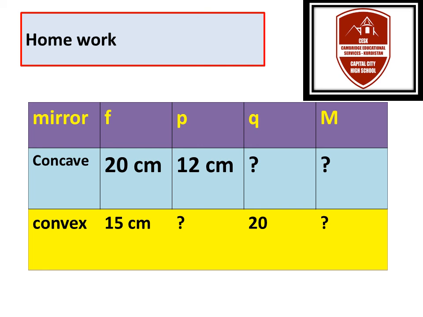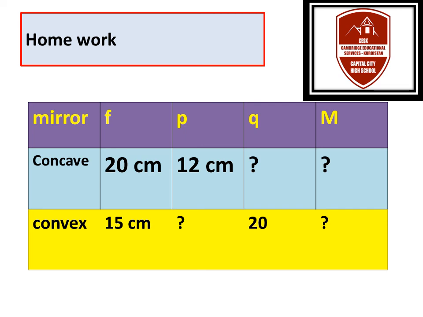Again, this is not a convex mirror. I'm talking about a concave mirror. In a concave mirror, m should be greater than 1. Why? Because the image is biggest, upright, virtual.